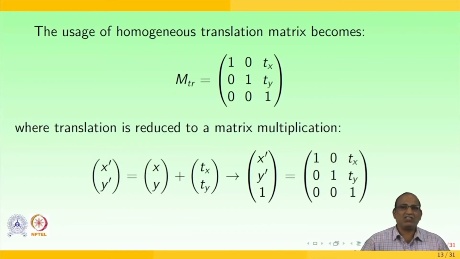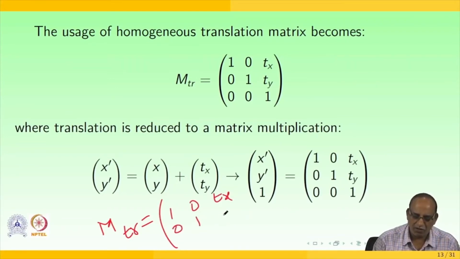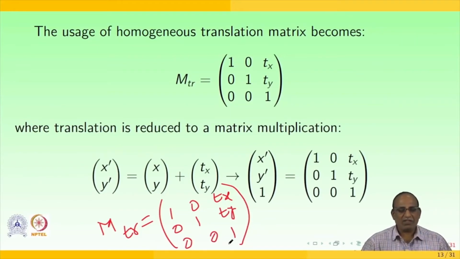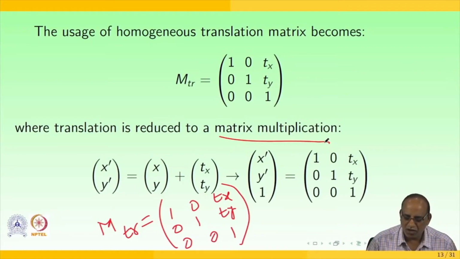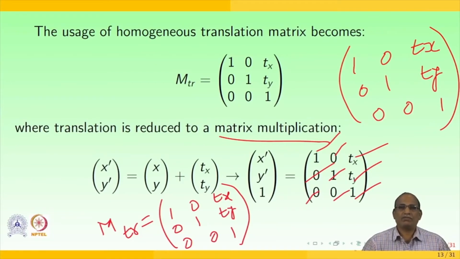The usage of the homogeneous translation matrix becomes M translation equal to [1, 0, Tx; 0, 1, Ty; 0, 0, 1], where translation is reduced to a matrix multiplication.